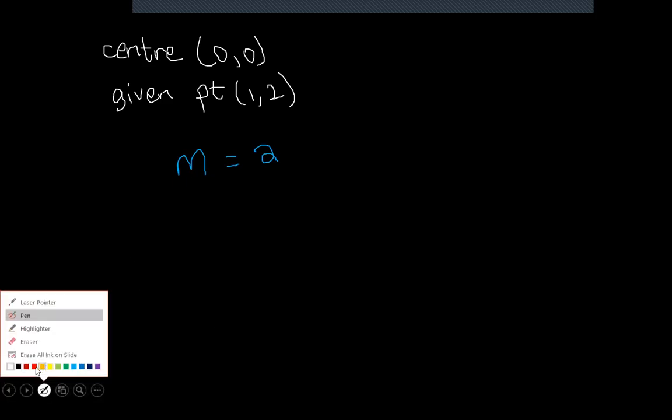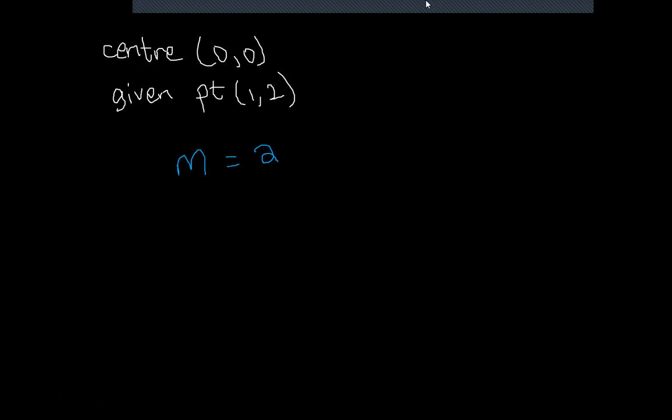We have the two methods. So use y is equal to mx plus c, or you could use y minus y1 is equal to m in brackets x minus x1. We'll use that one.